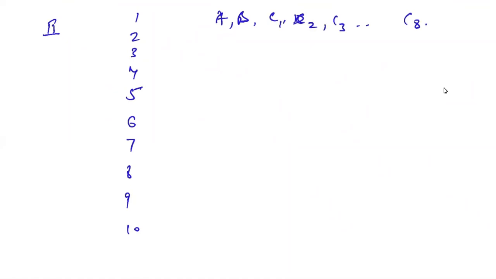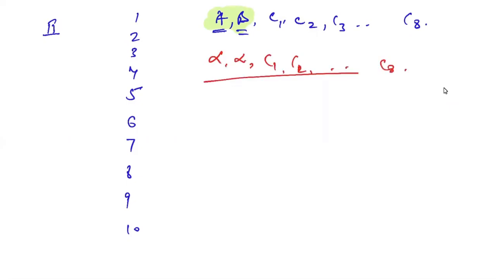We have to arrange these 10 students in such a way that A will be ahead of B. Let's see, if we are not giving any order to these 2 persons, we are saying both are identical, alpha and alpha, and the others C1, C2 up to C8.